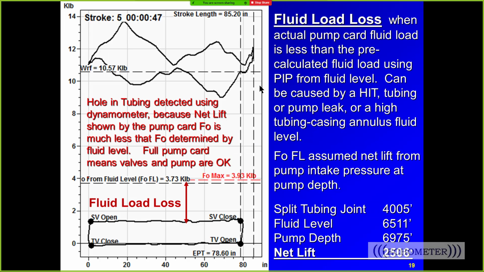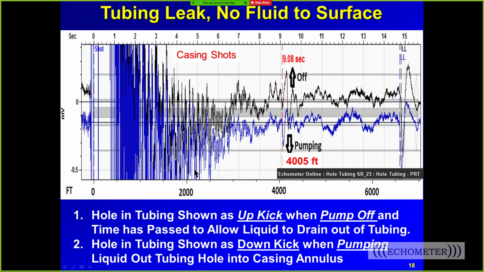Now, look, this is the same well, and here's our pump card, and the pump card is full. And so this is a well where the liquid is going up the tubing and squirting out this hole right here and falling back down to the pump and circulating between the liquid level and the pump intake and the hole and maintaining a pump filled with liquid.